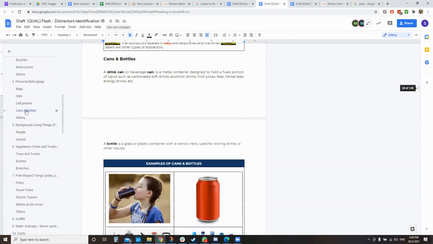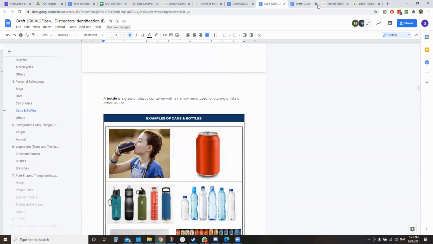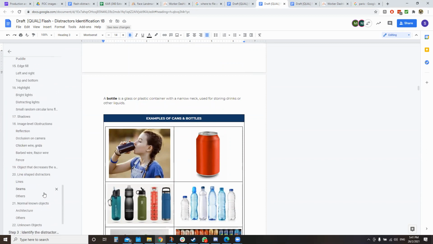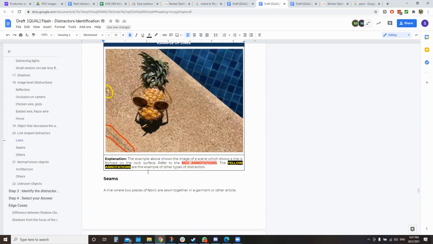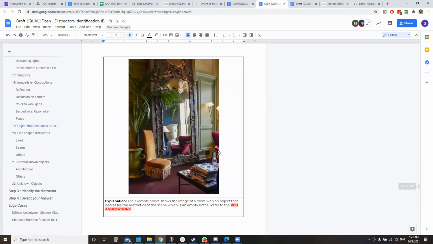We could have put this. Yeah, this should have been a bottle. Never mind, we label this as bottle.